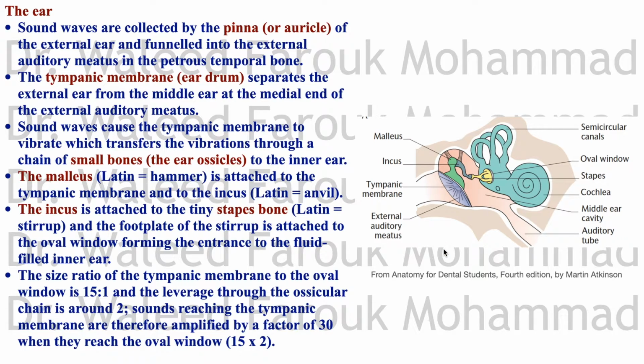The size ratio of the tympanic membrane to the oval window is about 15 to 1, and the leverage through the ear ossicles is around 2, so the net result is 15 times 2. That is, the sound waves are amplified by a factor of 30 as they reach the oval window.